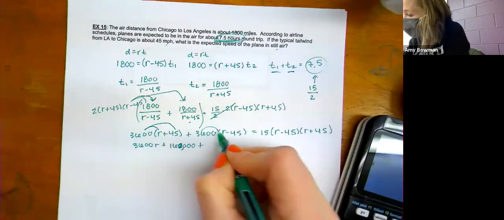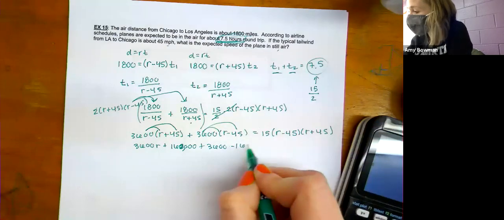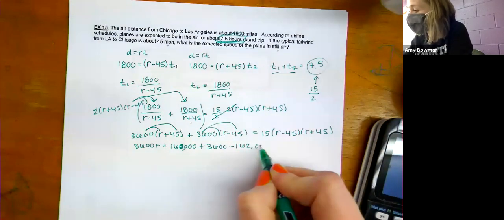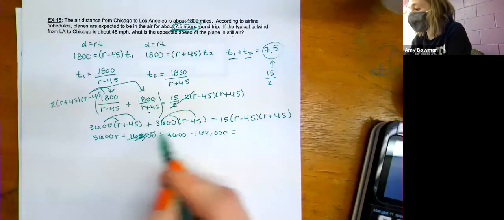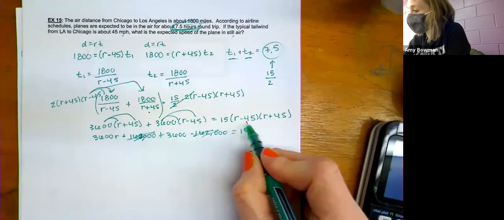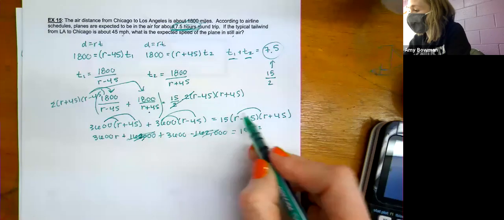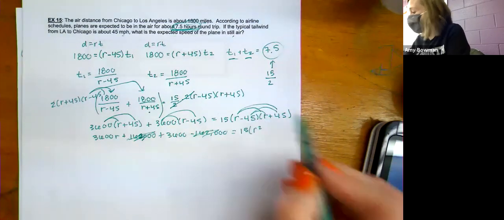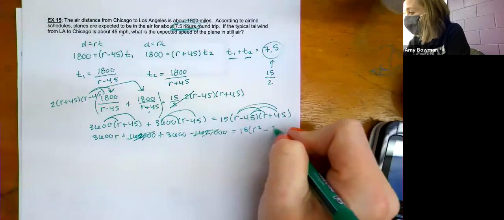Plus another 3,600r, minus 162,000. So that number is going to go away every time when we do this type of problem. These two cancel each other out. And then you'll have 15 times r squared plus 45r minus 45r, and then the square of 45, which is 2025.